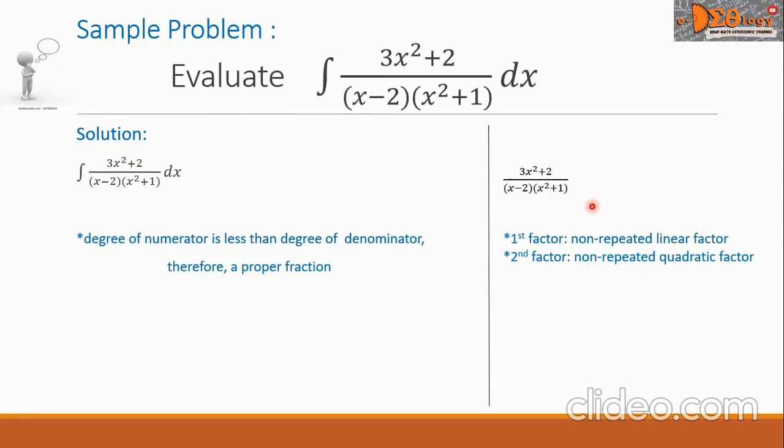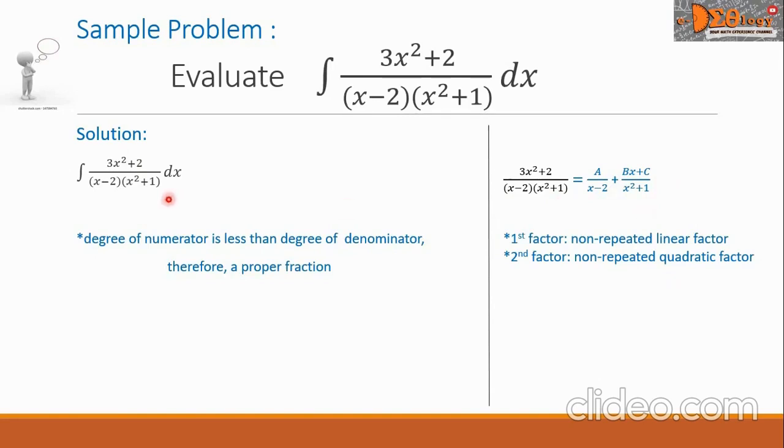Resolving this now into partial fractions, we will have A over the first factor x minus 2 plus Bx plus C over the second factor x squared plus 1.